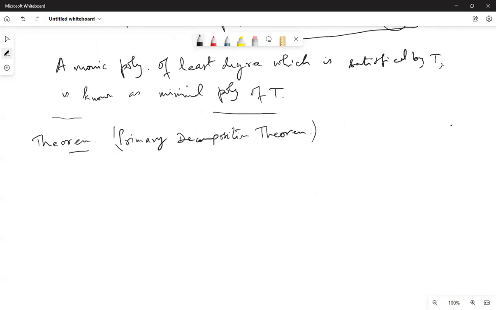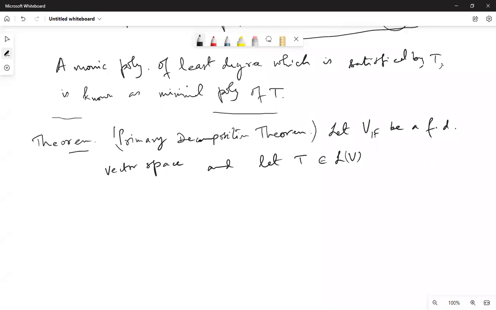The theorem states: let V over F be a finite dimensional vector space, and let T belong to L(V), with minimal polynomial, which we shall denote here by m_T(x).